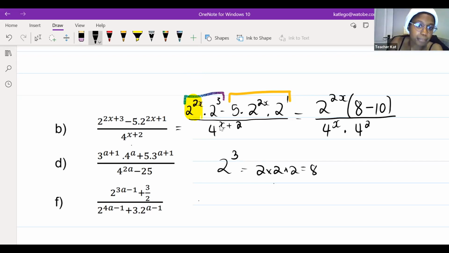Okay, guys. Now what's happening there? That 4 to the power of x is a problem for us. How can we simplify that in order for it to cancel out with the 2 to the power of 2x? Does anyone have an idea?